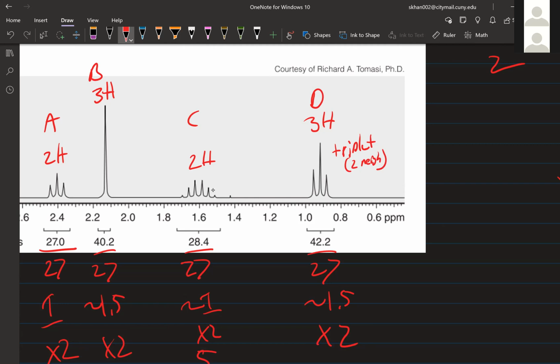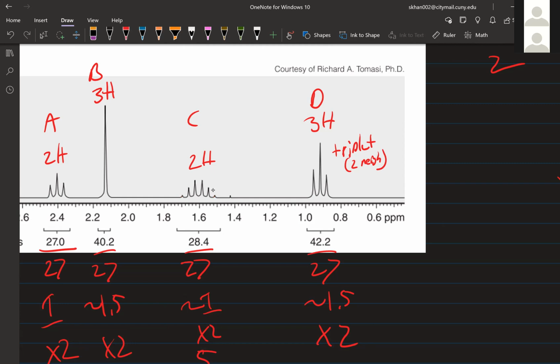What's the multiplicity here? Now this is kind of what you'll see on an actual spectrum. These might be satellite peaks or just an impurity, so you could ignore them because they're not really important in terms of the multiplicity.